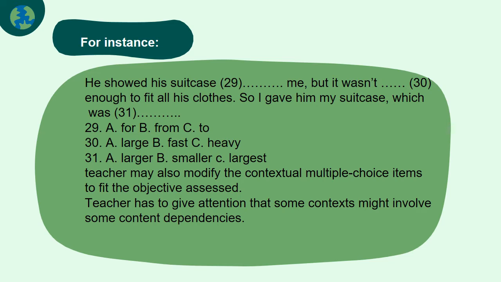If students get 30 wrong, they will get 31 wrong. So this is the meaning of dependencies, and we have to prevent it.